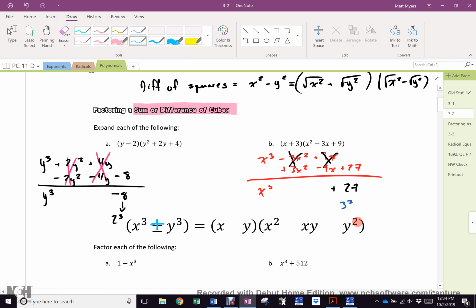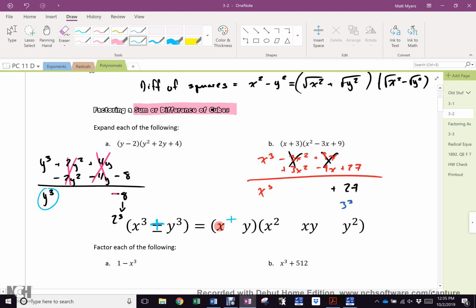When I break that down, please notice that the first factor, right there, is the cube root of this guy. So that and that, cube root. And then notice in a sum of cubes, it is plus the cube root of the second one. Cube root of 27 is 3. Yeah?